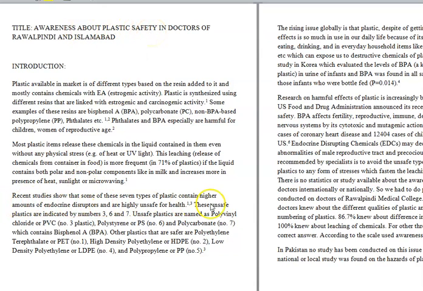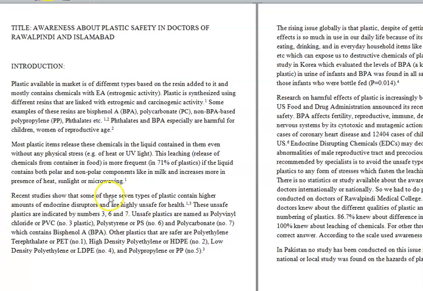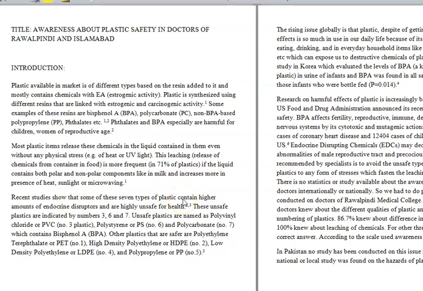But here you can see I have mentioned studies that were done on plastic hazards, leaching of chemicals from plastics, because it was a very innovative topic and many researches have been done related to plastic dangers and safety issues, but I couldn't find any research done on its awareness.